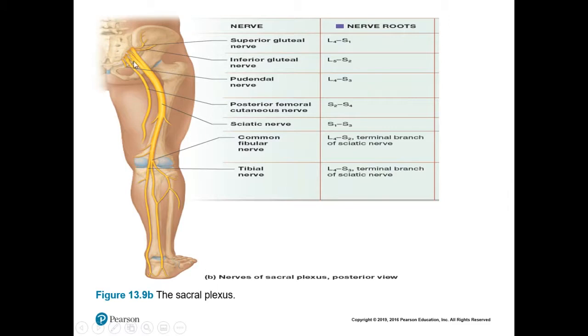Pudendal nerve, this one extends down into the hamstrings region. The posterior femoral, also down into the hamstrings region, forming a longer connection that goes all the way to the tibia.